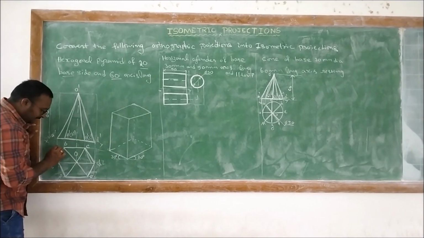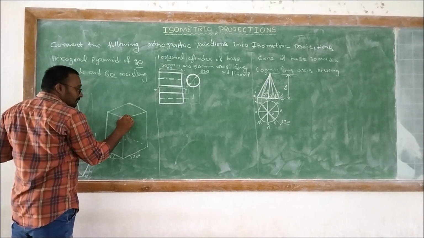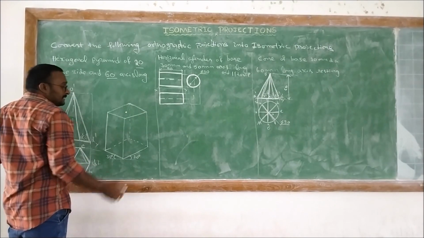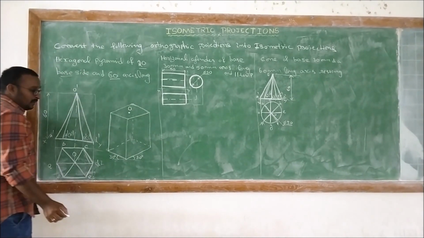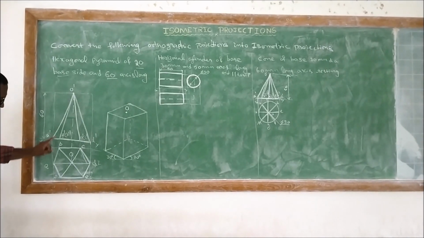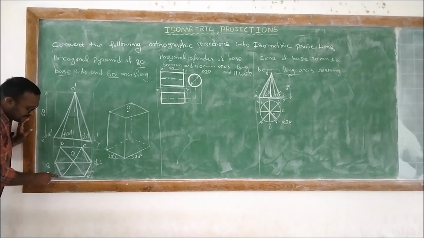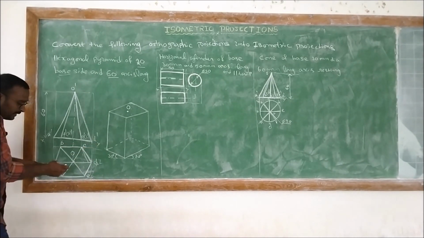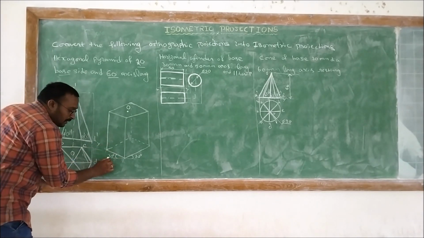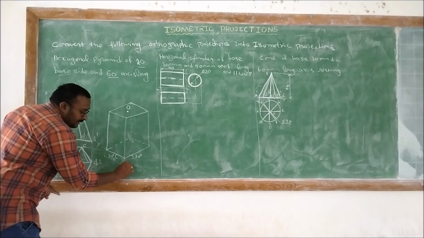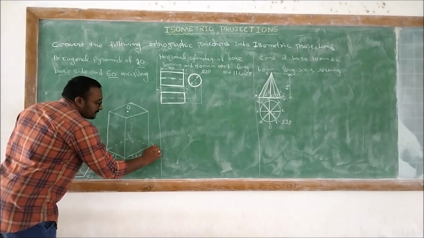Exactly at the center we will have the apex point, which we represent as capital O. Then you need to mark the remaining points such as A, B, C, D on the bottom side. Here we place the length, here the width, and here this is the height.